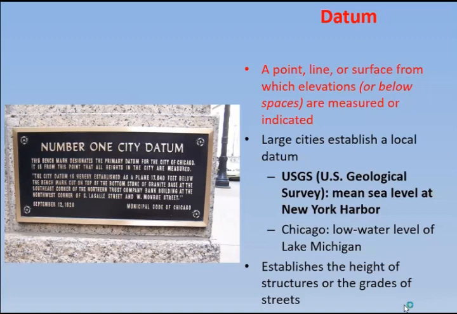Which of the following is the best way, and best is capitalized, to ensure that there are no encroachments and to verify the boundaries of a parcel of land? B, spot survey. Why is that? Because it can identify.